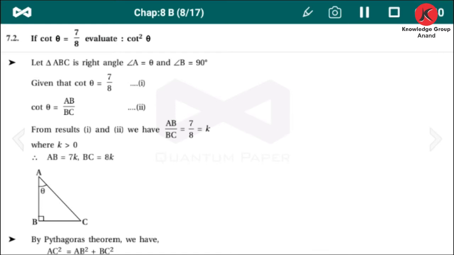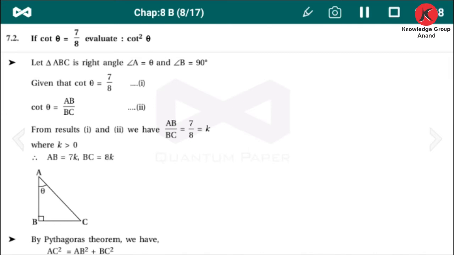Now question number 7, part 2. If cot theta is equal to 7 by 8, evaluate cot square theta. Angle A is equal to theta and angle B is equal to 90 degrees in triangle ABC. Cot theta is equal to 7 by 8. We know that cot is equal to adjacent side upon opposite side.